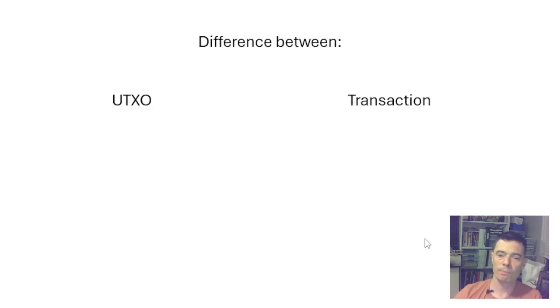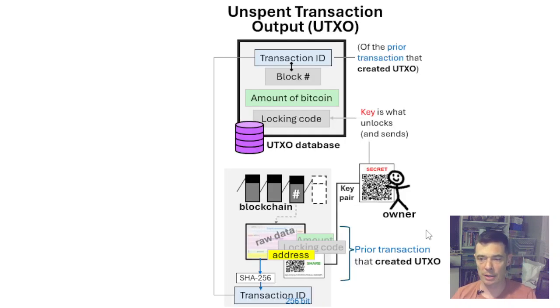All right, so we need to make an important distinction between the UTXO and a transaction. So this is a more generalized view of what a UTXO is. And in the UTXO itself, there's not too many pieces to it.